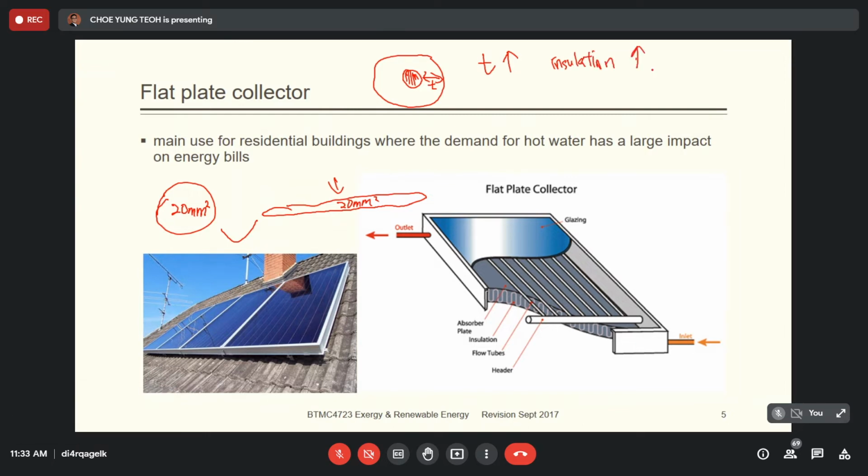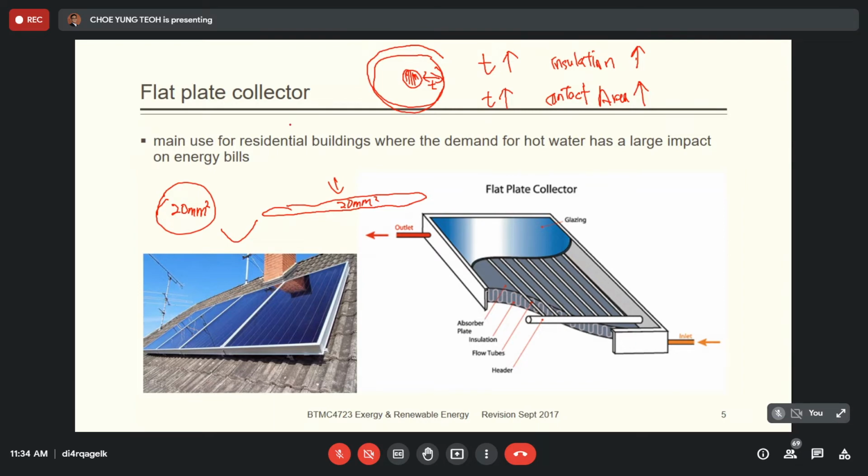Common sense says the thicker the insulation layer, the better the insulation effect. But do you notice that when the thickness increases, the total contact area increases, correct? Because it becomes a bigger and bigger cylinder when you increase the thickness of the insulation.